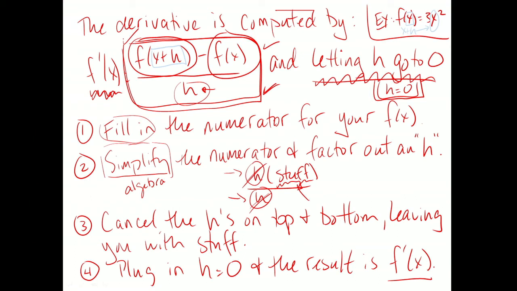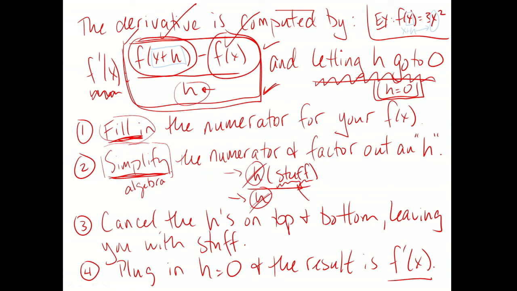So the first step I should probably do is to just take some time to fill in what these pieces are. What's that piece and what's that piece in particular? h, I don't really have a whole lot to say about that. I'm just going to leave that alone for now. So I'll fill in those 2 pieces, which might be sort of a mess of stuff. So the crucial step is really step 2, which is to use algebra to simplify the top of the fraction.